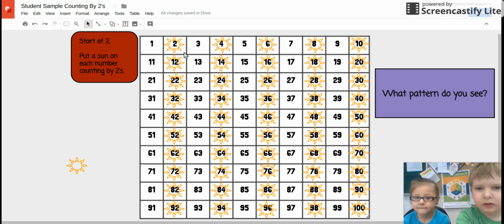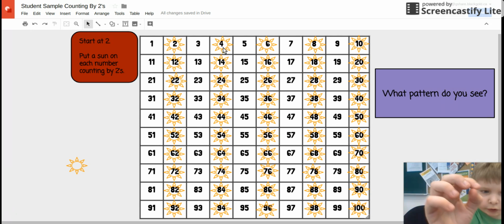Yes, counting by 2s. You see 2, and then you put 2 2s together to make 4, and then you put a 4 and a 2 together to make a 6, and then you put a 4 and a 4 to make an 8, and then you put an 8 and a 2 together to make the 10.